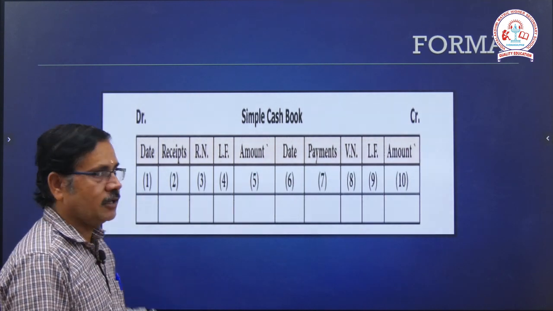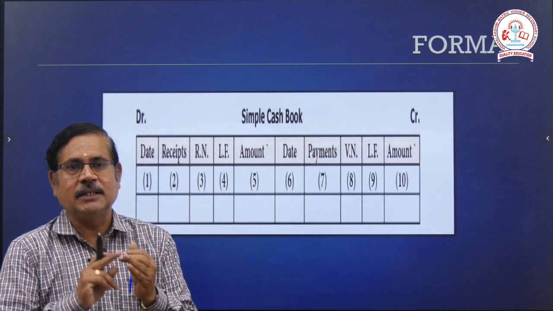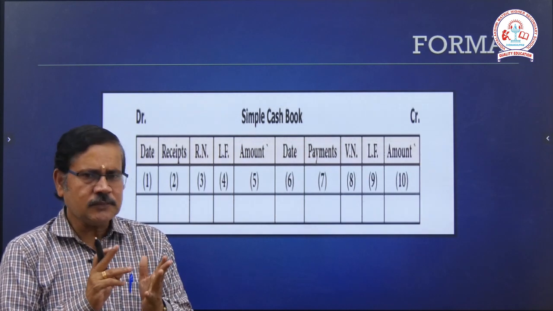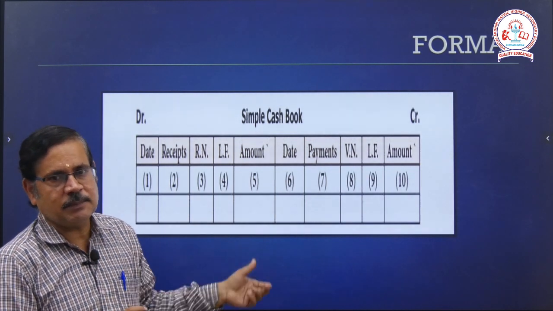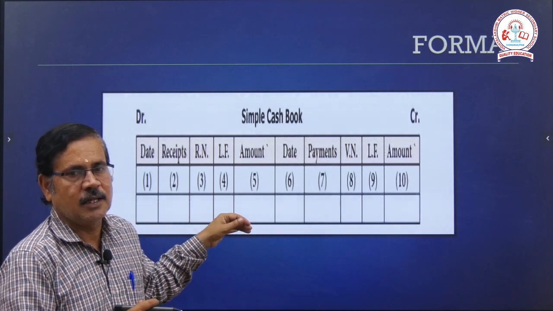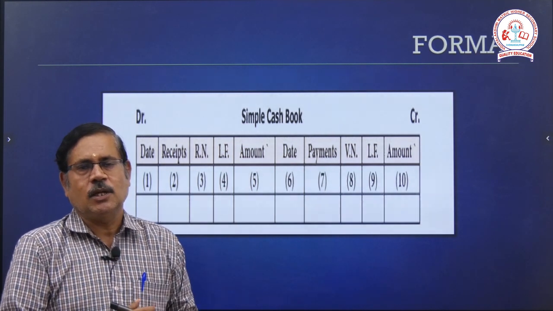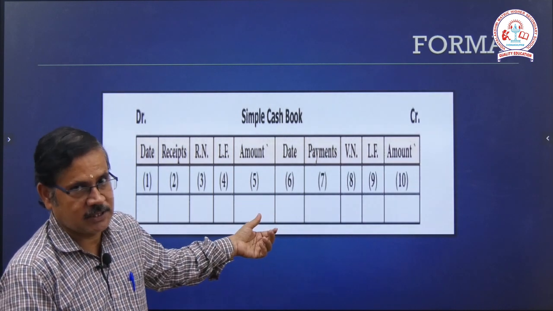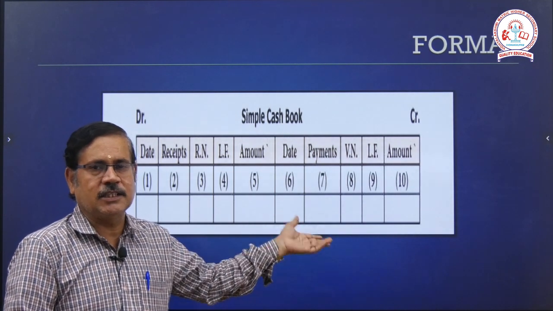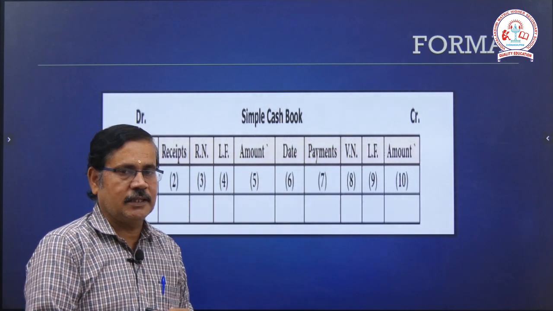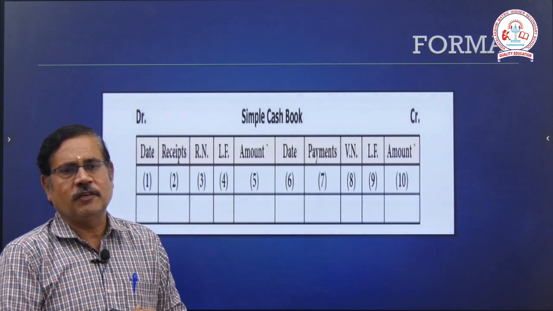In the date column we have to mention the date, month and year, not only the date. In the receipt column the names of the accounts will appear, and in the receipt number column, if there is a receipt number when you receive any amount, we have to mention it here. In the LF column we mention the ledger folio page number, and in the fifth column we write the amount received.